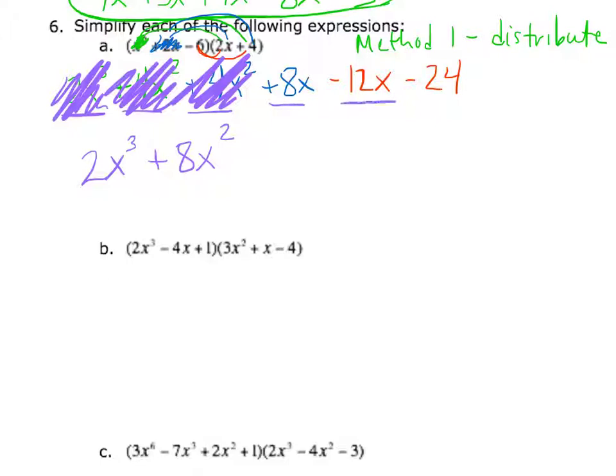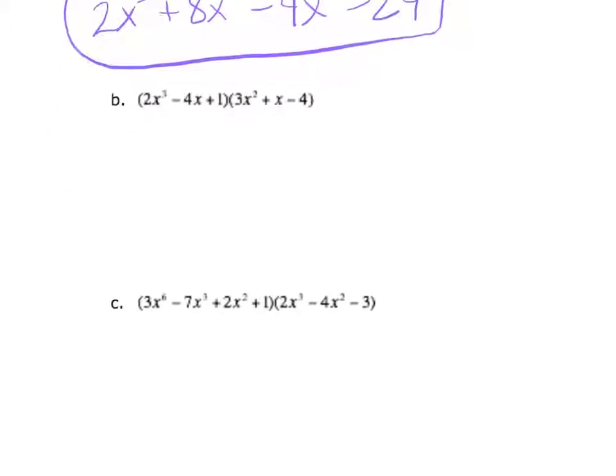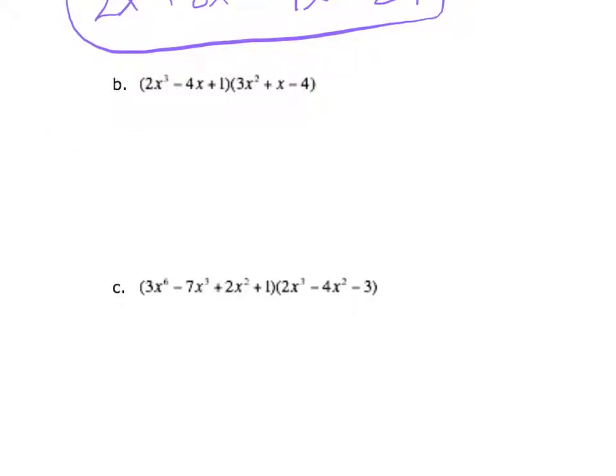Positive 8x and negative 12x is going to give you minus 4x. And then minus 24 is on its own. And that would be your answer there. All right. A second method would be the box method.